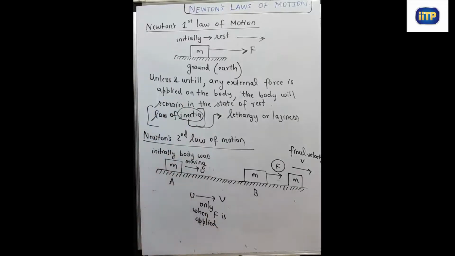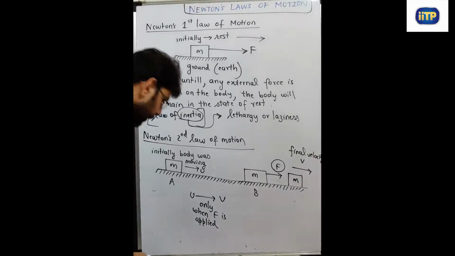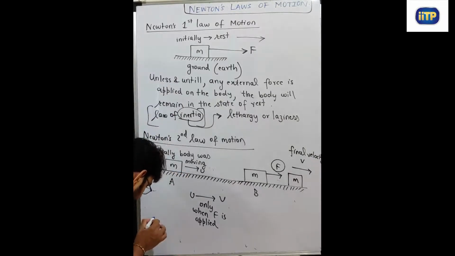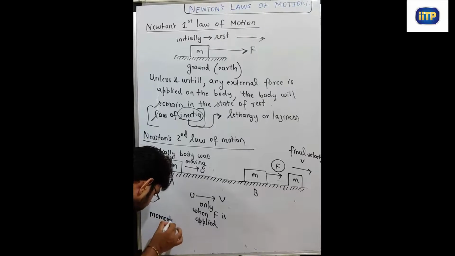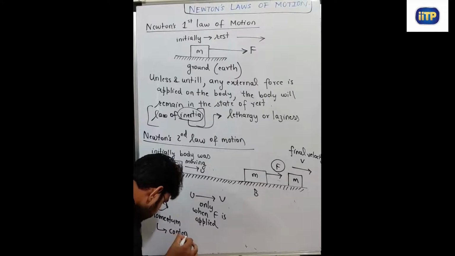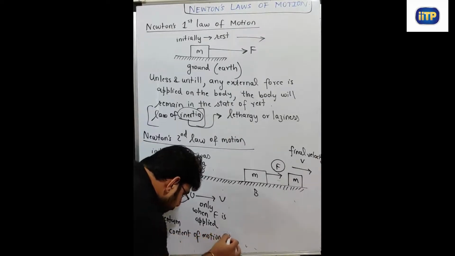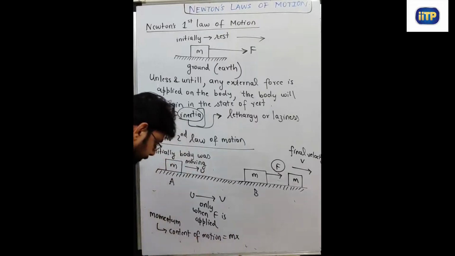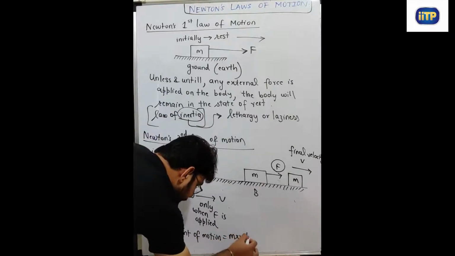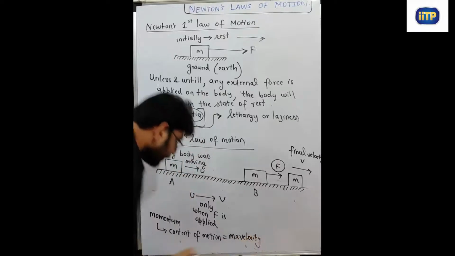So what is happening here? Here there is a term called momentum. Momentum means the content of motion, and it is given as the product of mass into velocity, right?